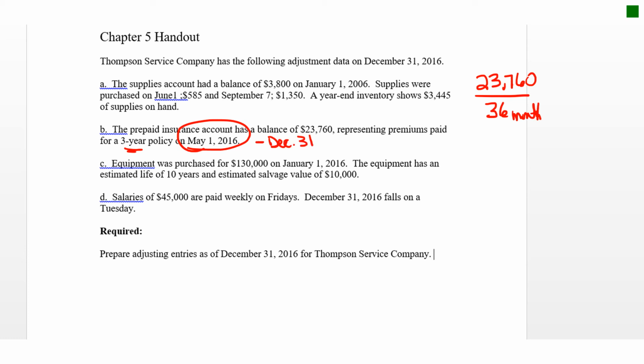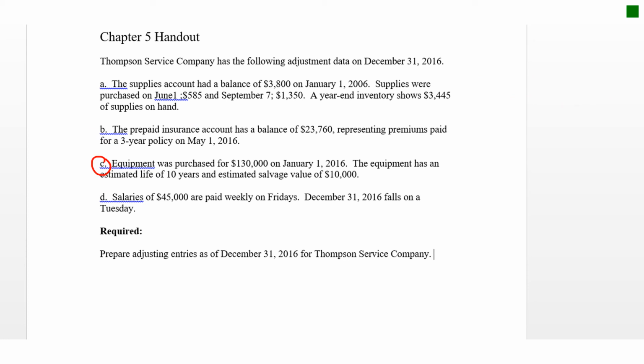In my classes, I always say, start counting. If you do January, February, March, April, we know that's 4 months. The rest of the year has to be 8 months. So just multiply that by 8 months, and that would be your adjusting entry. Again, the accounts would be the same that we used in the previous illustrations. You'd have insurance expense debit and then credit prepaid insurance.